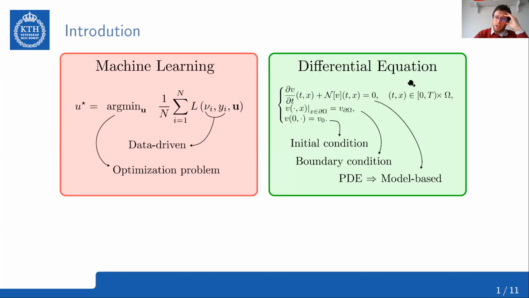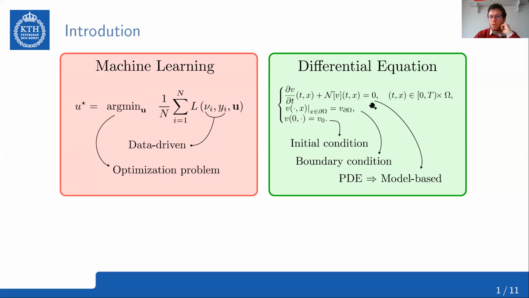A differential equation is as follows. It's made of three things. It's made of an equation: here v is a function, and we take its partial derivative along t, plus some operator n acting on the function v, taken at t and x.